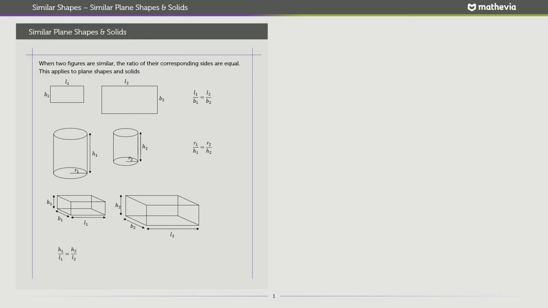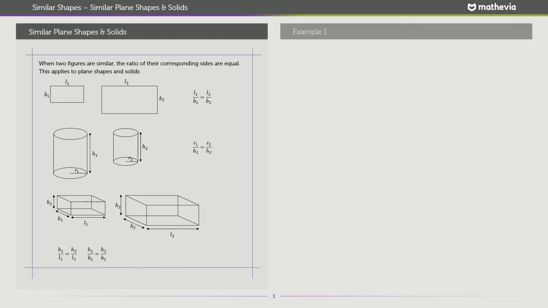So what you have is H1 over L1 equals H2 over L2. You have H1 over B1 equals H2 over B2. And then you would also have that L1 over B1 would equal L2 over B2. Given what you have here, that pretty much follows.